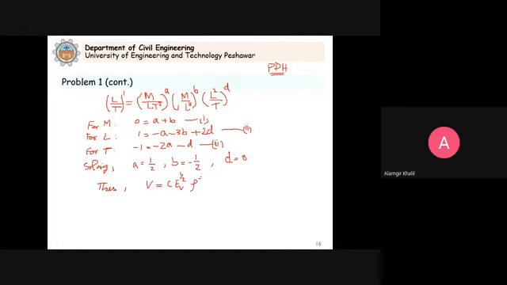Minus 1 by 2. And then we have kinematic viscosity, power D. What is D? It is 0. Anything power 0 is 1. So we see that V is equal to C times the square root of E_V divided by rho.